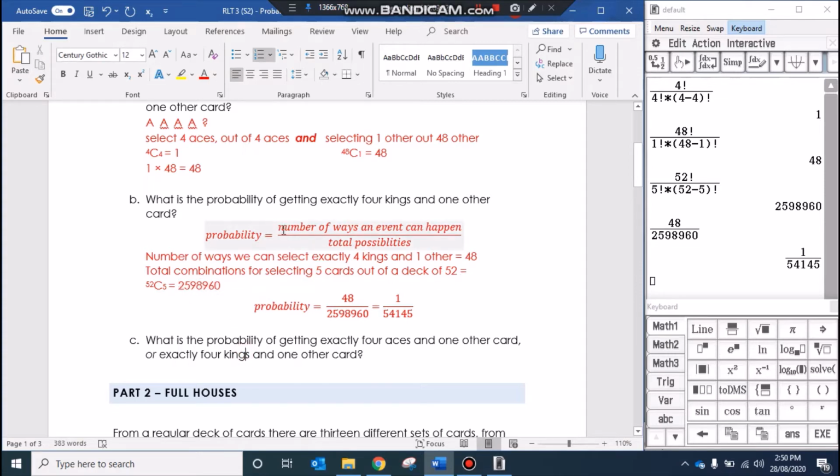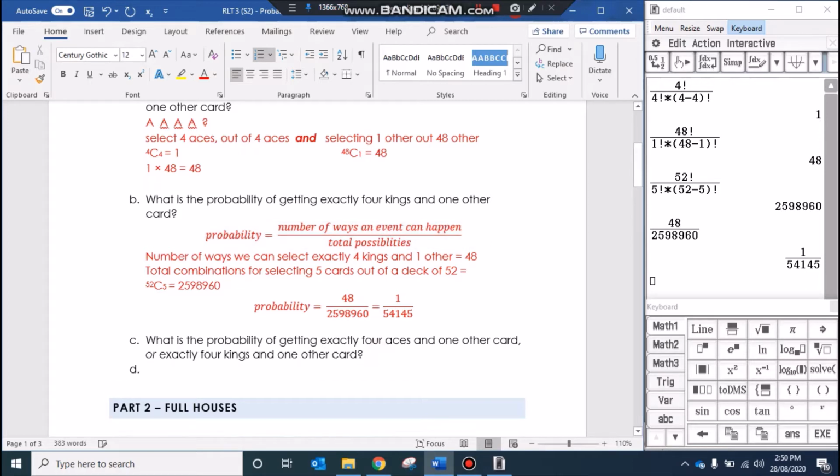The only thing that's changing is the number of ways the event can happen, and that's because the event has changed. We're looking at getting exactly 4 aces and one other card, or exactly 4 kings and one other card. That "or" is the key word here. Remember that often when we have the word or, it refers to the addition rule. So the number of ways we can get 4 aces and one other card, we already worked out, is 48.